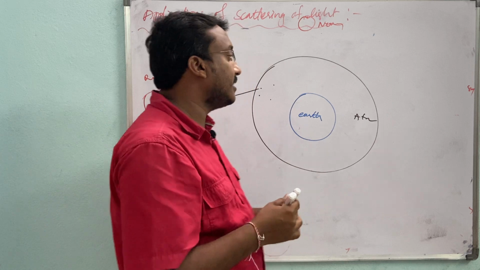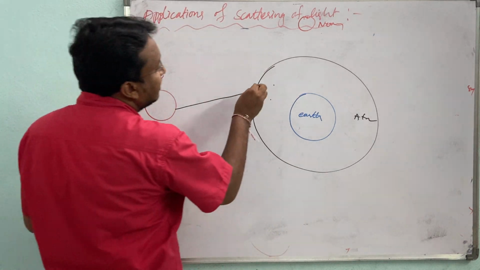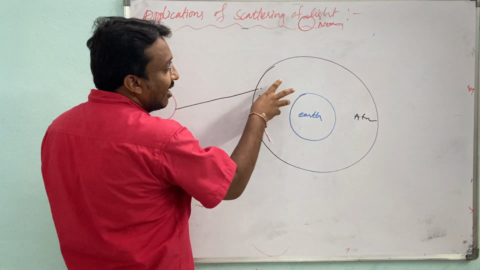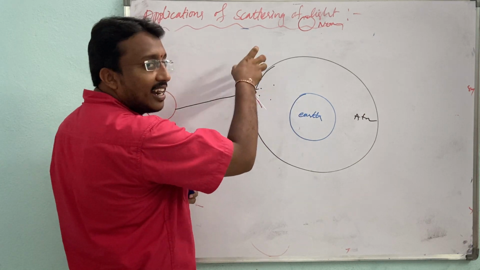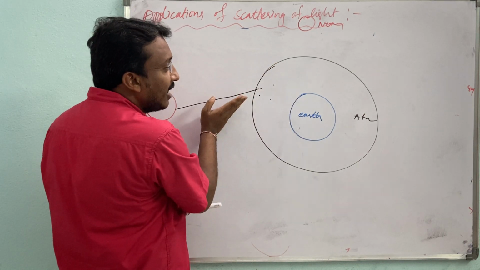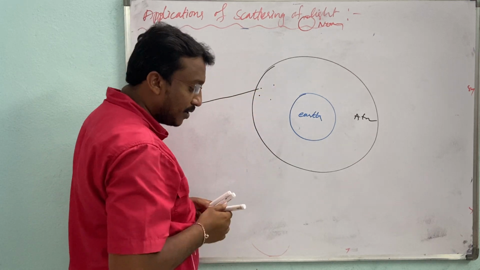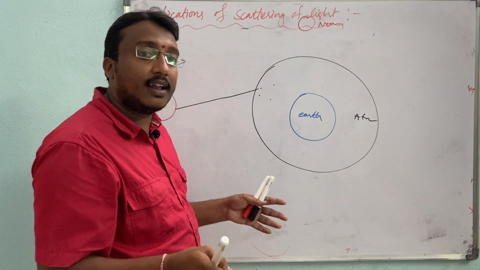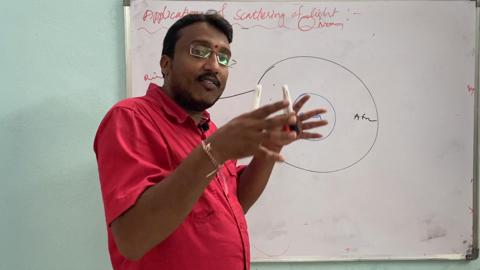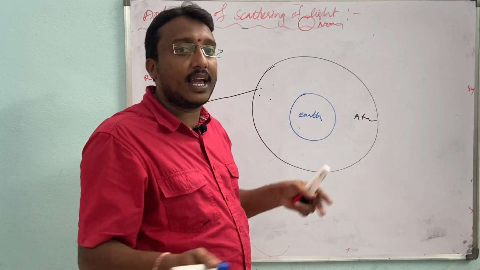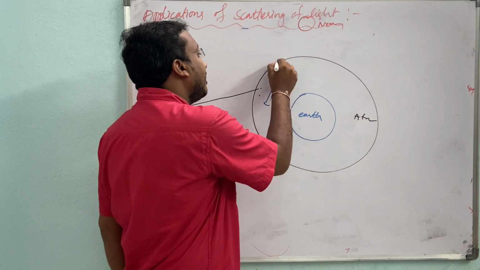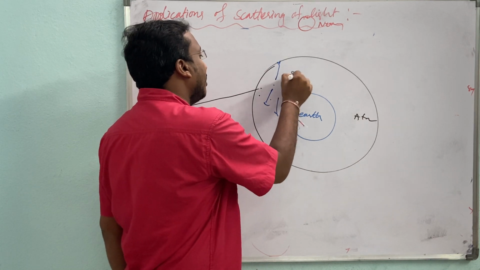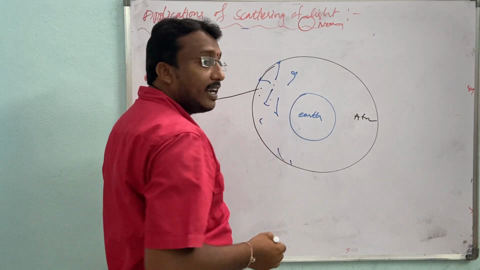Due to that, scattering takes place for the blue and violet colors and the remaining colors when light enters the atmosphere, and the light can vanish out. Here the blue color is vanished out, then the remaining colors are emitted.